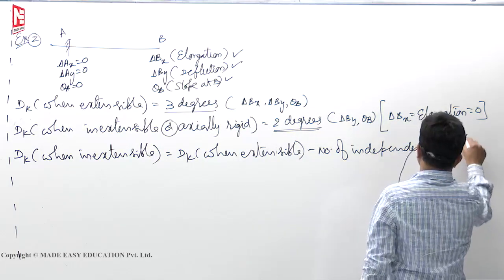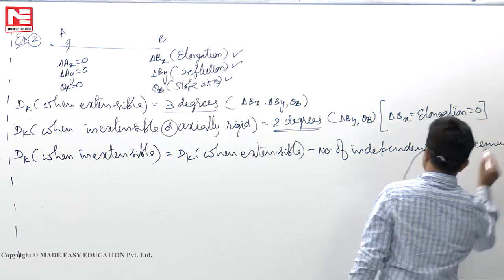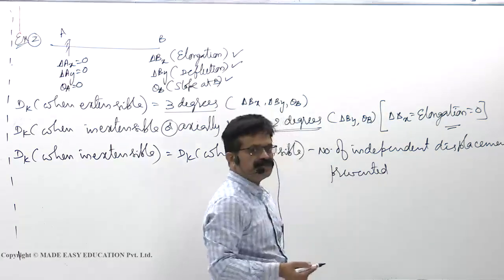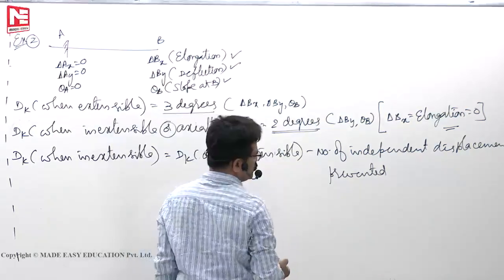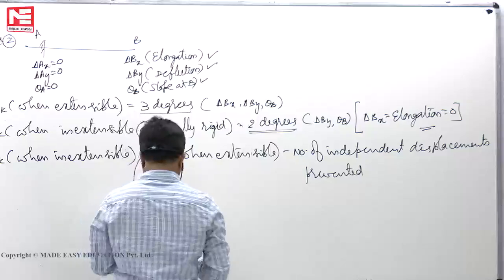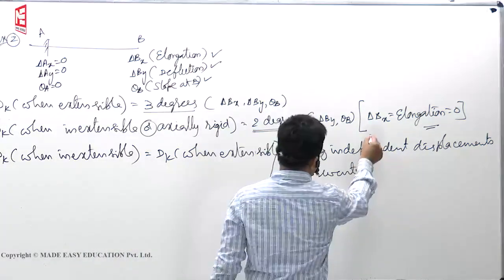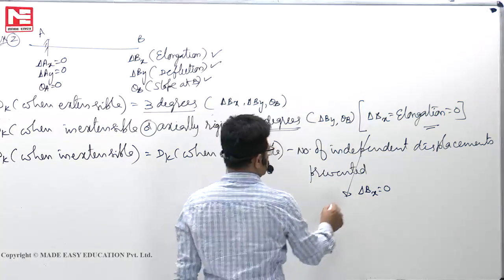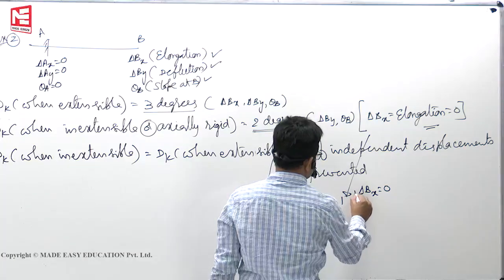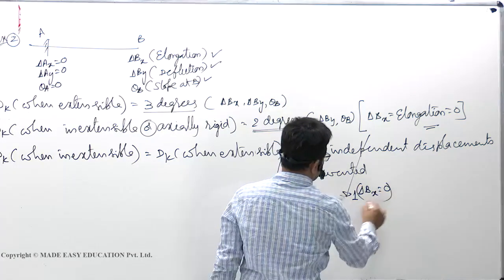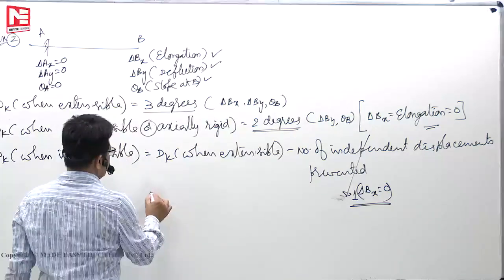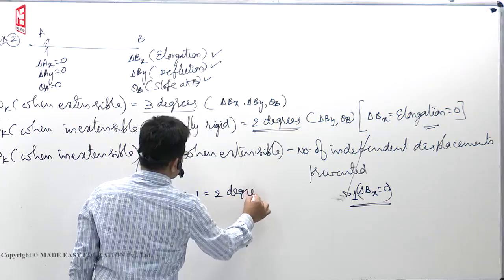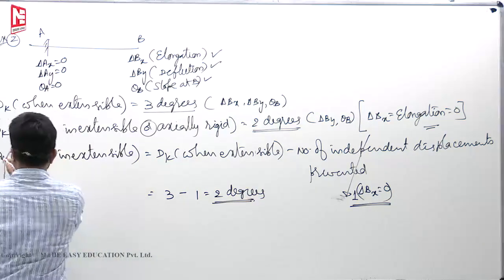How many independent displacements are prevented? Only one. That one is delta Bx is 0. So dk when inextensible is 3 minus 1. So you get 2 degrees. This is the most general expression.